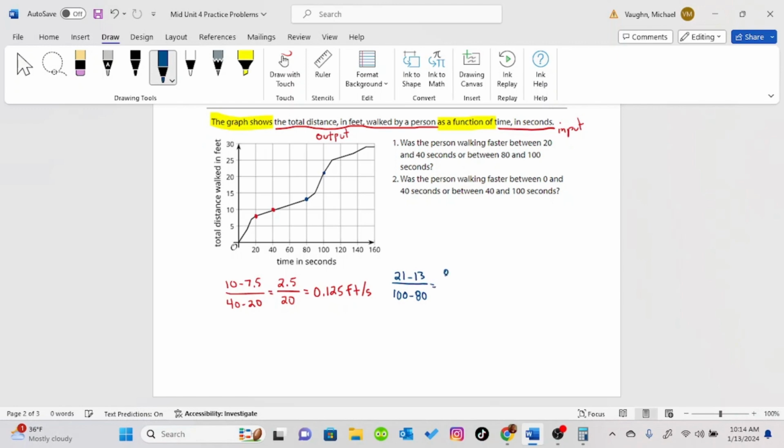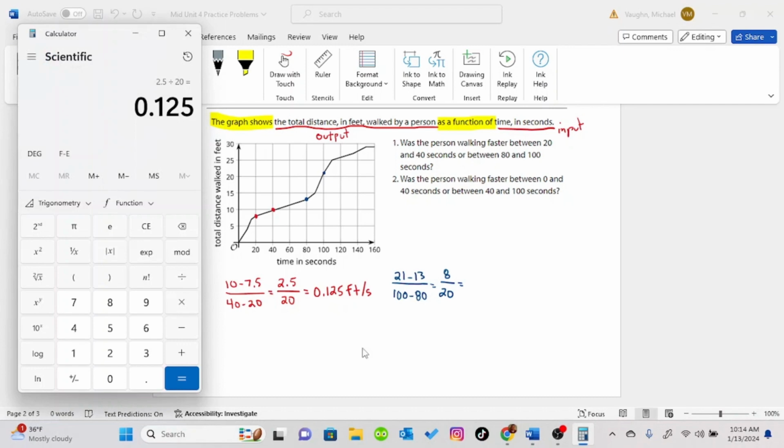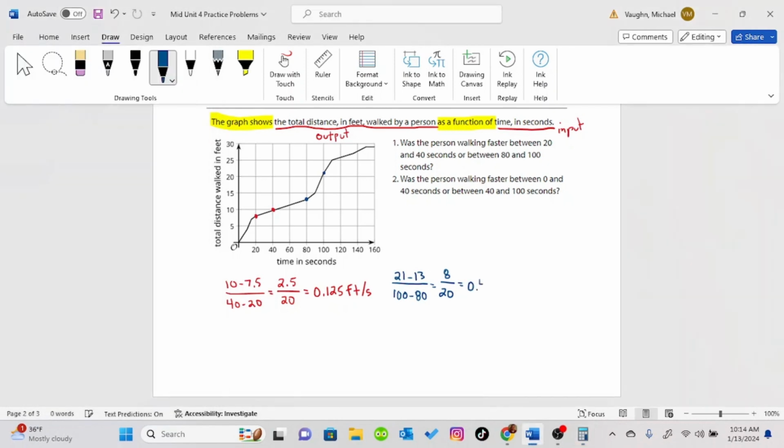We have a change of 8 feet in 20 seconds, which is 0.4 feet per second.